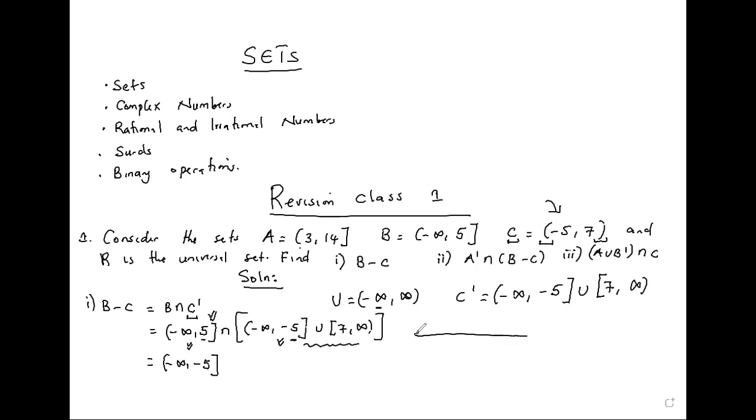So if I was using a number line, what we are seeing is that the left interval is ending at 5, included, going this side. And the one on the right has from -5, included, to the left, and again starts from 7, included, to the right. So we're looking for the intersection between these three intervals.